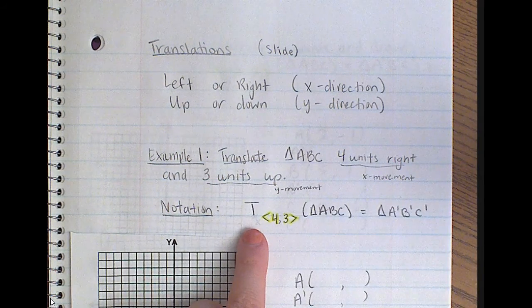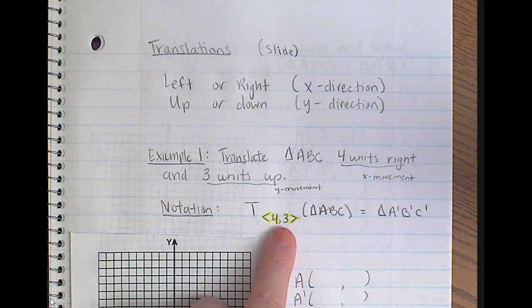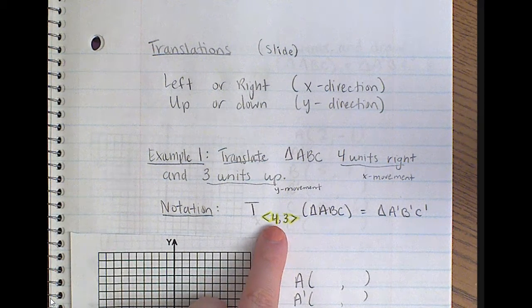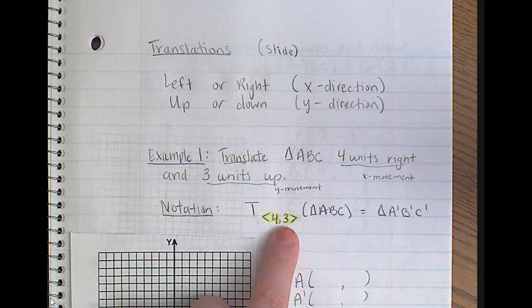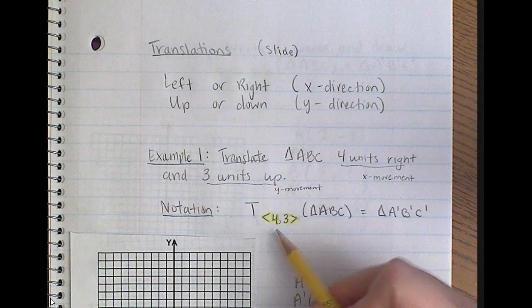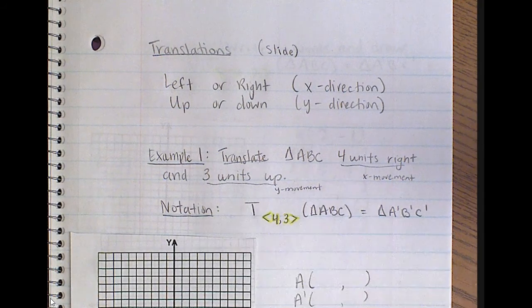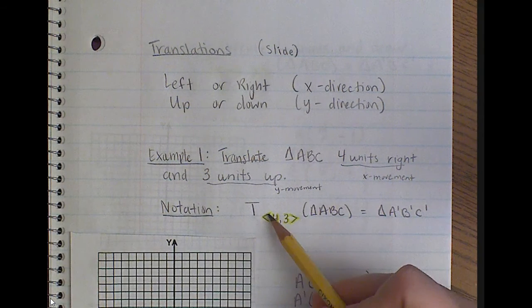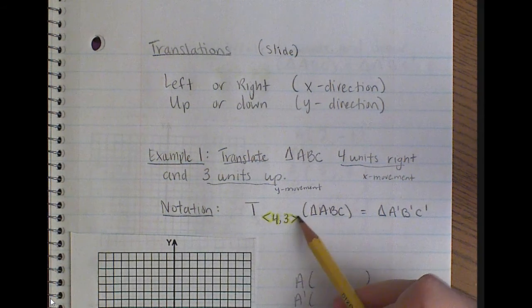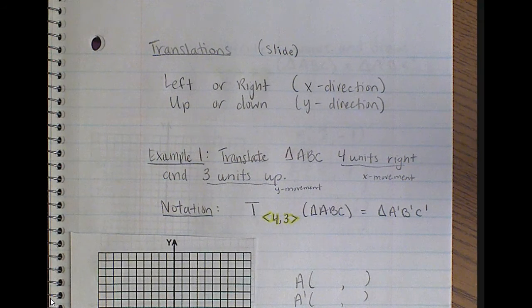And an easy way to remember this is when you write your ordered pairs, you always put the X coordinate first and then the Y coordinate. It works very similarly with this notation. So the X movement goes first, then the Y movement, but instead of parentheses to indicate a coordinate, like a point, we're going to put these little pointy symbols, which stand for something called a vector, and we'll talk about that a little bit in a moment.